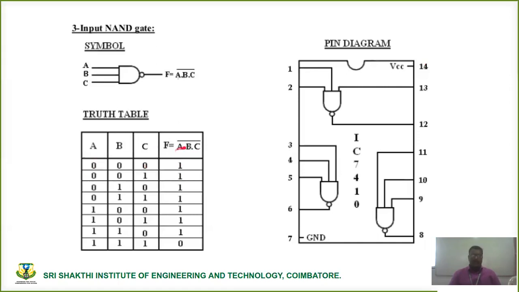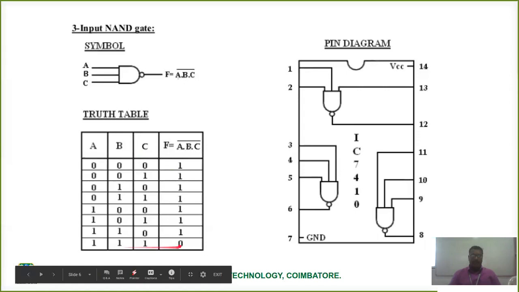In the AND gate, if any one input is 0, my output is 0. So here it is just the complement of the AND gate. Wherever we got 0, that is 1, and wherever 1 is there, that is 0. If all 3 inputs are 1, my output will be 0. This is the 3 input NAND gate.